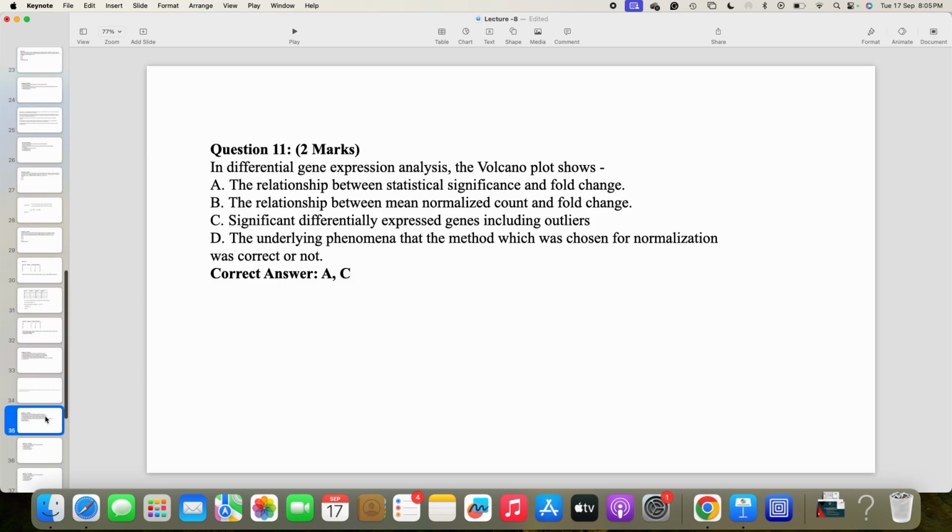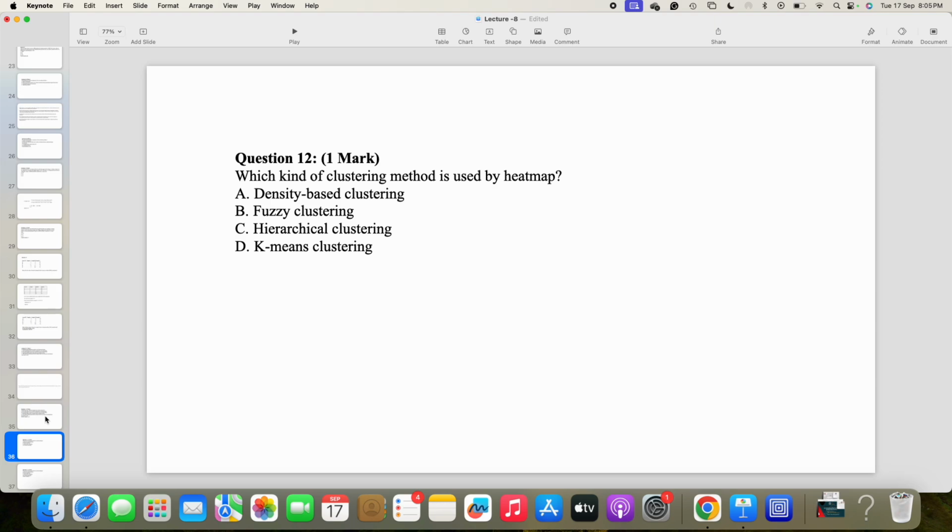So let's move to our next question. Which kind of clustering method is used by heat map? Density based clustering, fuzzy clustering, hierarchical clustering, k-mean clustering. So it's a very straightforward question.